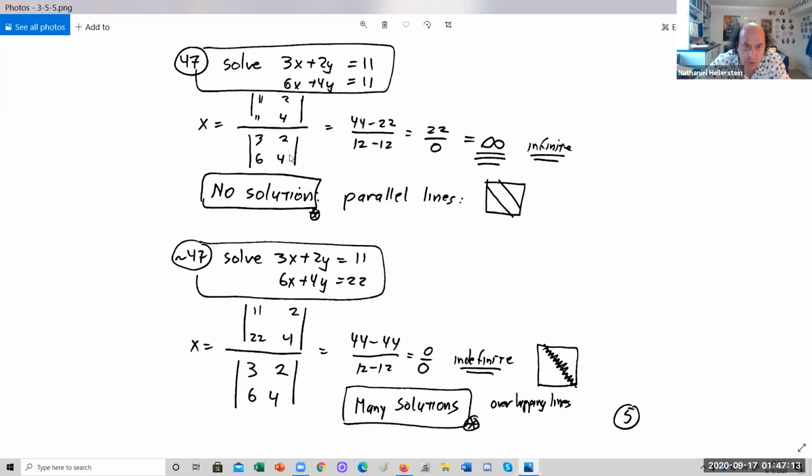That over 3 times 4 is 12, 6 times 2 is 12. You get 44 minus 22 over 12 minus 12. That's 22 over 0. Now, if you divide non-zero by 0, you get infinity. And that means that in this case, these are parallel lines and there's no finite solution.